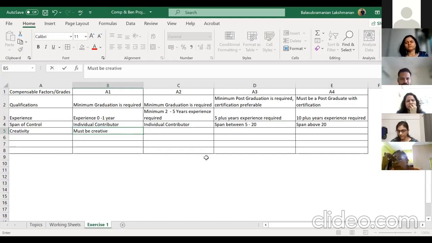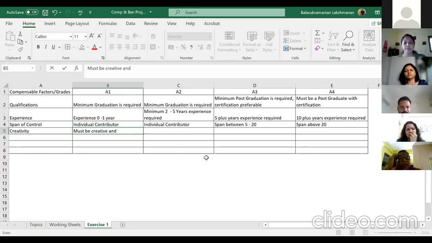At the entry level, one cannot be creative; most of the time it's monotonous work. So at A1 level, you can keep creativity low. Mostly even at A2, you can keep low to medium. And at A3, maybe you need high. And again here, A4, maybe medium. So depending, right? Right.